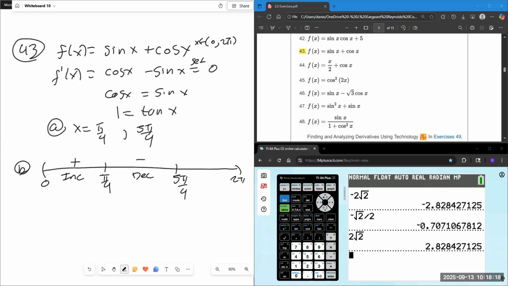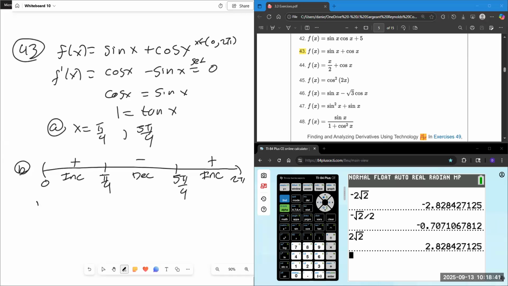And between 5 pi over 4 and 2 pi, again, cosine is greater than sine. I actually have a negative sine value, so minus a negative would be a positive. So positive plus a positive is positive. That's going to be increasing.